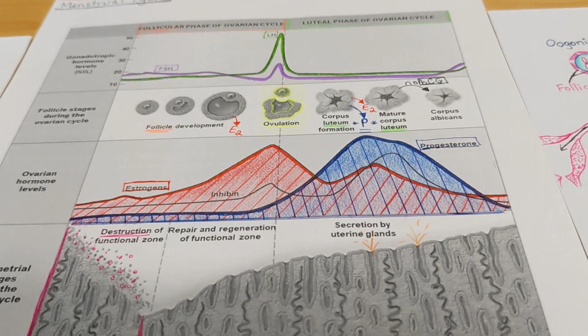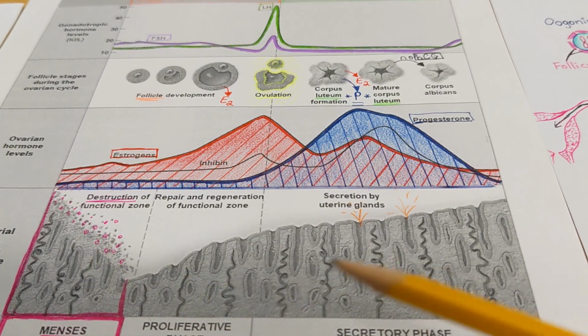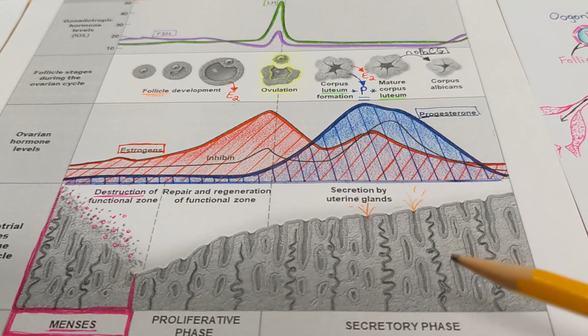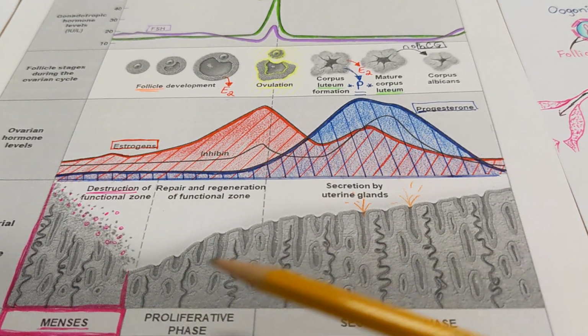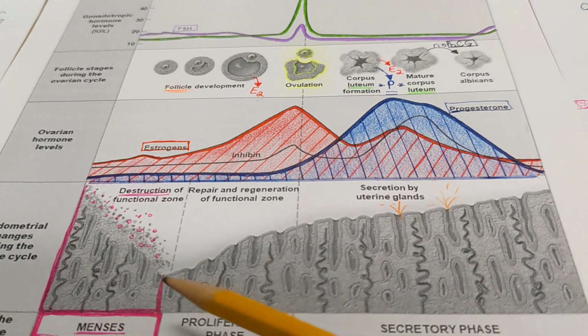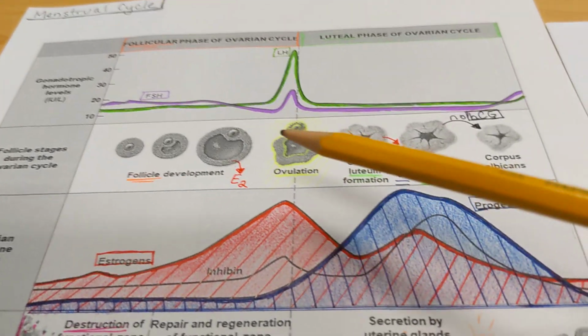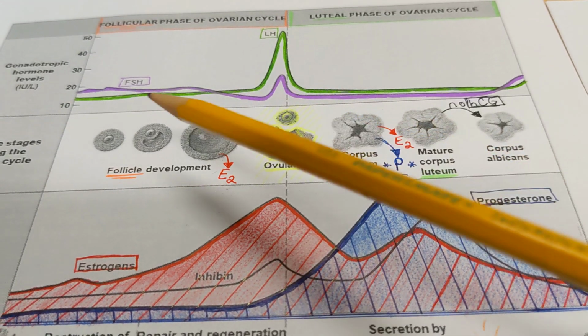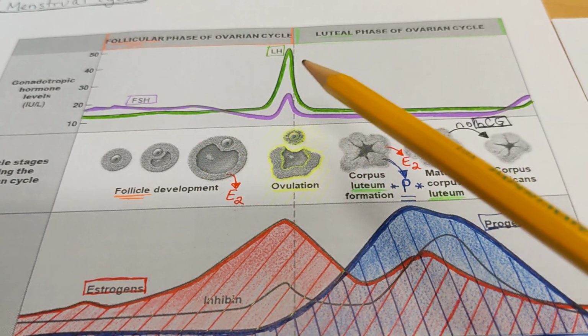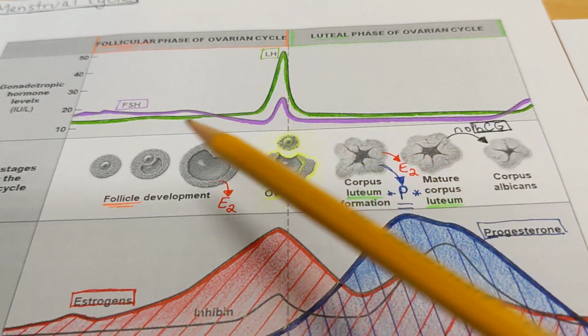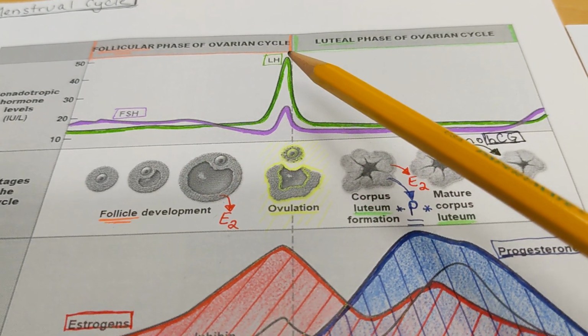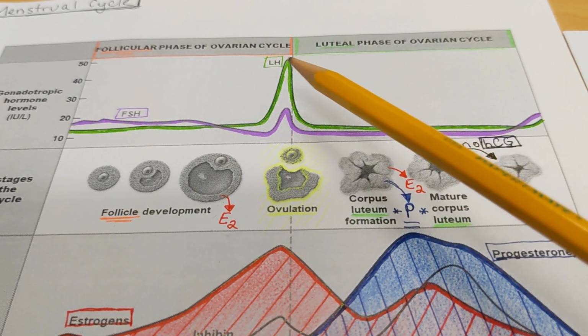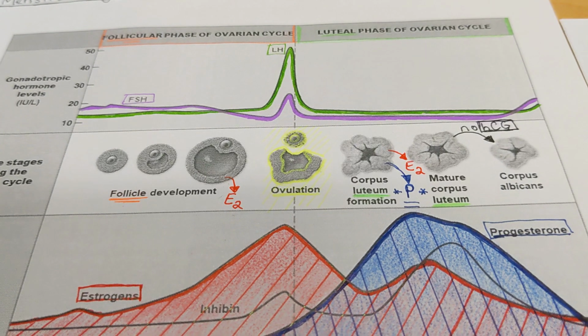Now, in order to sustain this endometrium, as well as cycle through, so develop it and then shed it the next month, we need gonadotropic hormones, or gonadotropins. There are two hormones that are important to this process, FSH and LH, follicle stimulating hormone and luteinizing hormone.